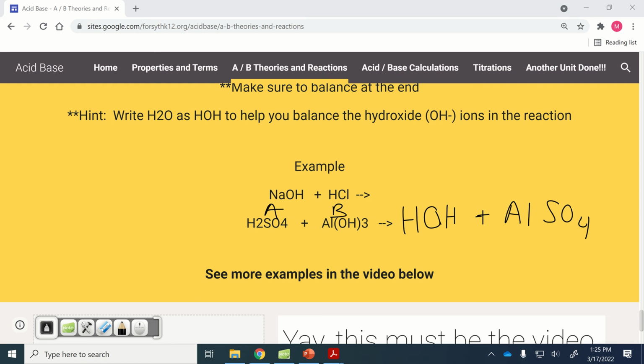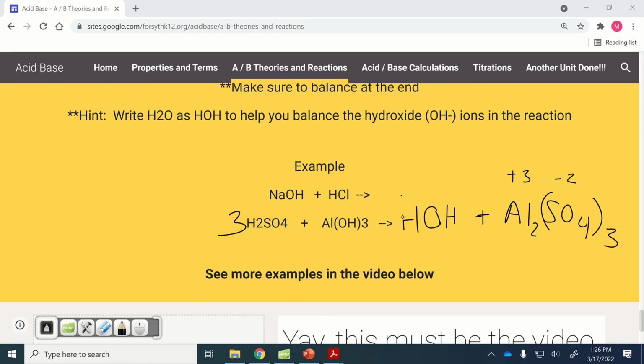I know HOH is correct, water, but then aluminum is plus 3, sulfate is minus 2, crisscross: Al2(SO4)3. So this one I've got to balance. This is why it comes in handy to do the OH separately. I've got 2 H's on one side, 1 H on the other, so initially I might think I need to put a 2 right here. But I have 1 SO4 and 3 SO4, so I actually need to come back and put a 3 right there.